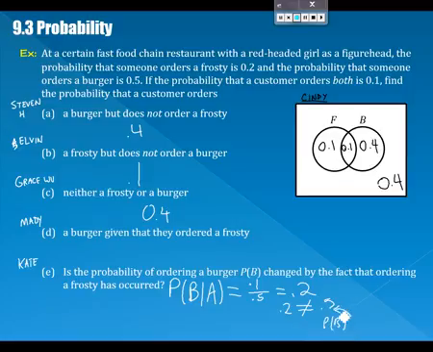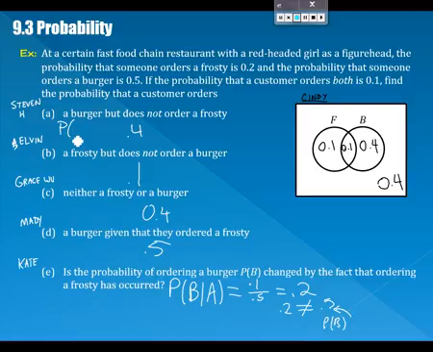This is really hard for me to do. So a burger, but does not order a Frosty. Is anyone willing to tell me, did you come up with a way of writing that? Haley asked, how would you write that? Probably a burger, but not a Frosty. Is there a good way to write that using our set notation?